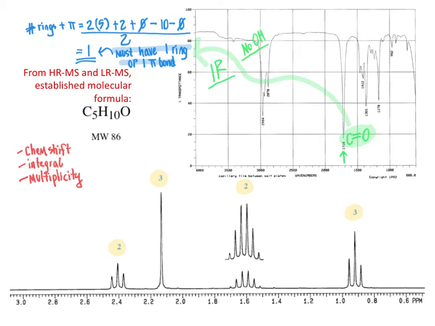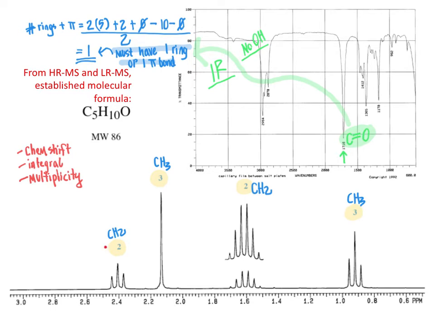And since each equates to a single signal, that means all of these protons are equivalent. So if we have 2 equivalent protons, that is generally a CH2 group, the most common way to come up with 2 protons in an identical chemical environment so that they give a single signal. 3 is generally a CH3 group, 2 generally another CH2 group, and 3 is an additional CH3 group.